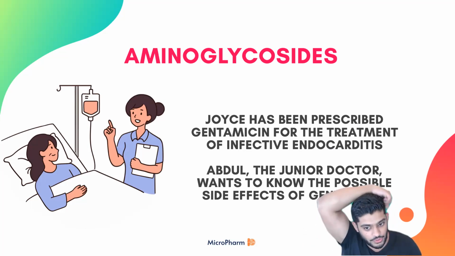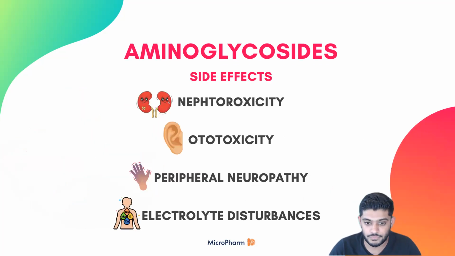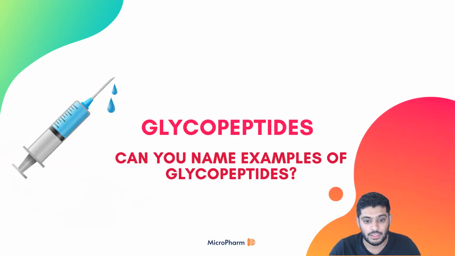So important to know that. The nephrotoxicity, ototoxicity, it can cause peripheral neuropathy, and it can also cause electrolyte disturbances. Glycopeptides. Can anyone give me examples of glycopeptides?